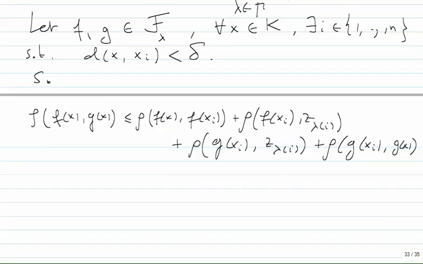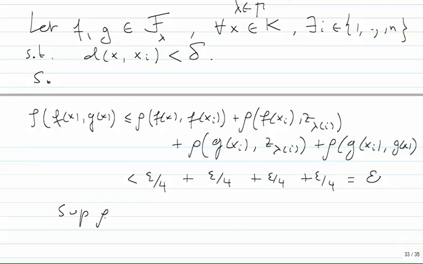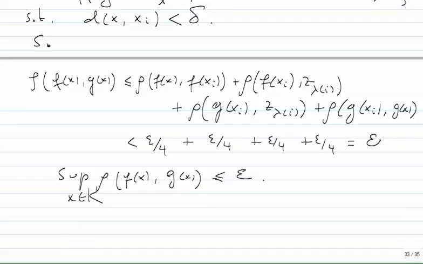And every piece is less than epsilon over 4, which gives us epsilon. So since the sup of rho of f(x), g(x), x belongs to K, is less or equal to epsilon, the diameter of F_lambda is going to be less or equal to epsilon.